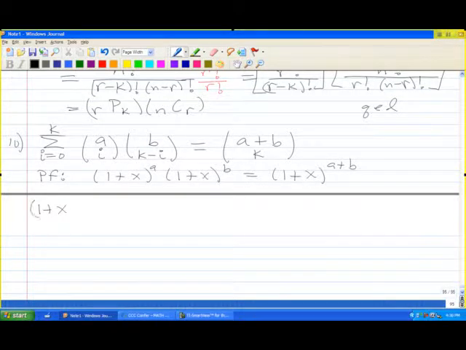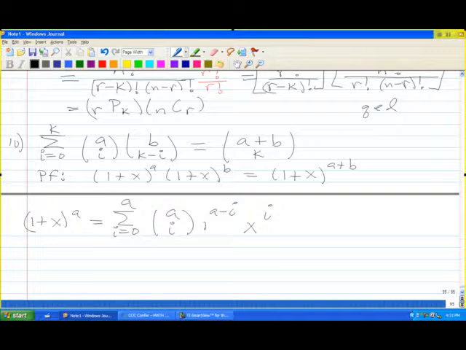Well, (1 plus x) to the a, by the binomial expansion, is just the sum, i equaling 0 to a, of aCi times 1 to the a minus i times x to the i.